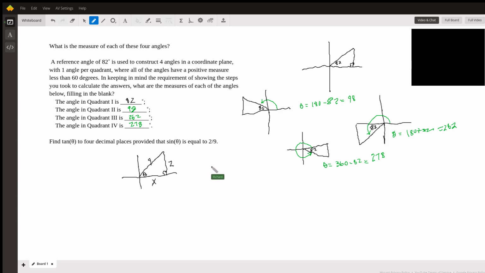So we use the Pythagorean theorem, 2 squared plus x squared equals 9 squared, and x squared is going to be 81 minus 4, which is 77. So x would be the square root of 77.